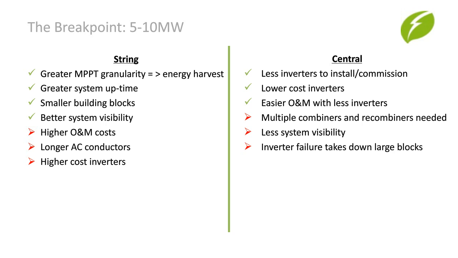The common disadvantages string inverters had were higher O&M, long AC runs, and higher inverter costs. But we had an opportunity here as well. On the central side, we would hear multiple combiners and recombiners, less system visibility, and larger downtimes. So a string manufacturer set out to solve some of our own shortcomings when it came to utility scale.